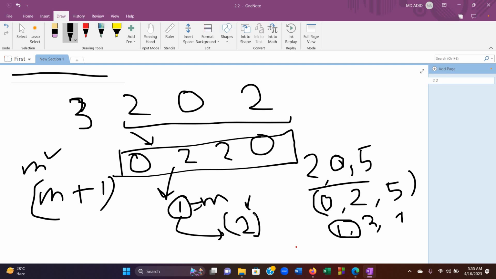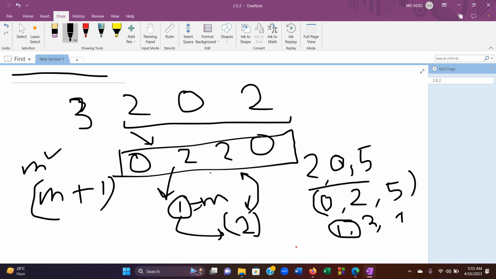What is the only way? The only way is to replace every occurrence of the number 2 in the current array that we have. So we're going to just replace these values.